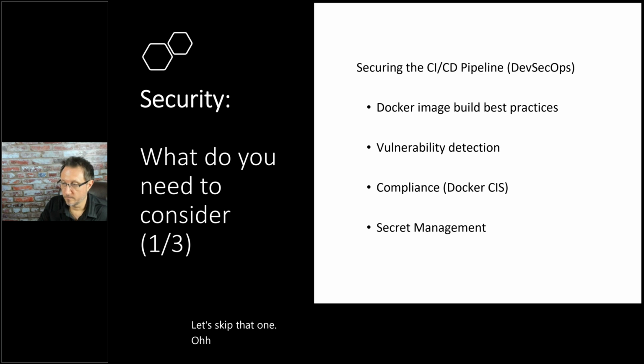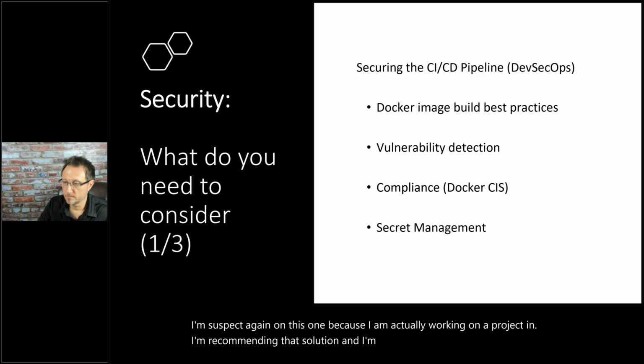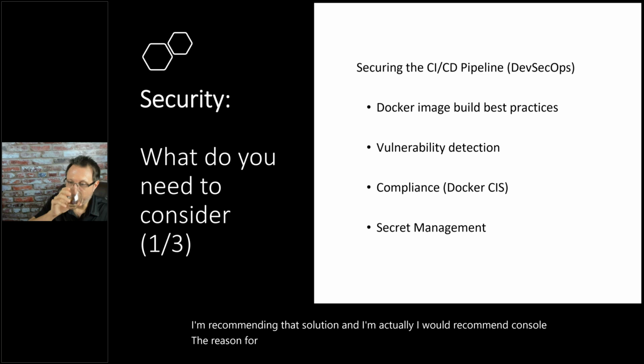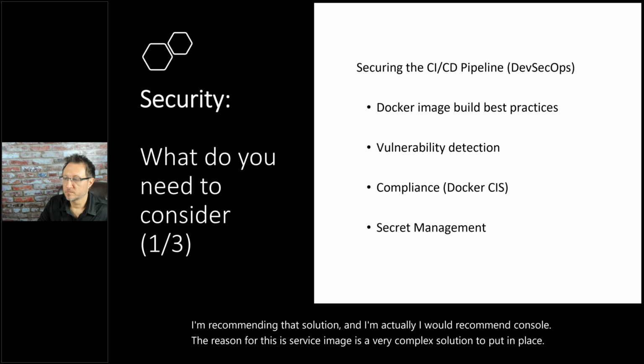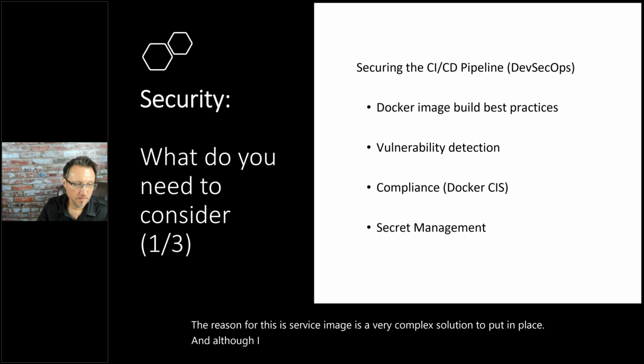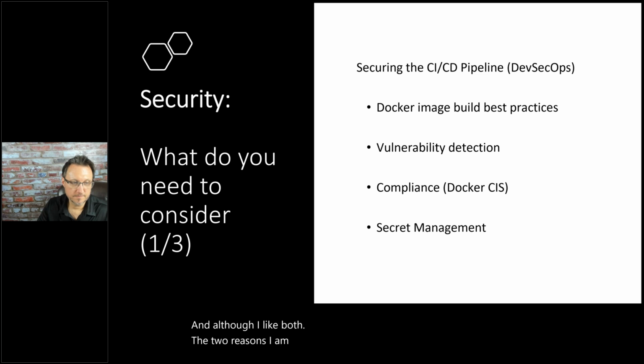I'm suspect again on this one because I am actually working on a project where I am recommending that solution, and I would recommend Consul. The reason is that service mesh is a very complex solution to put in place, and although I like both, I am selecting Consul for this particular scenario, again, a very specific requirement.